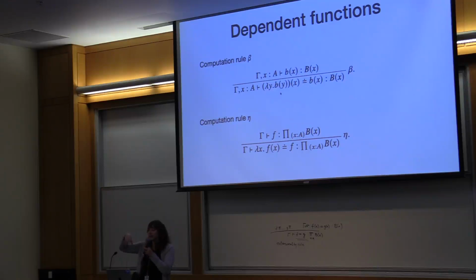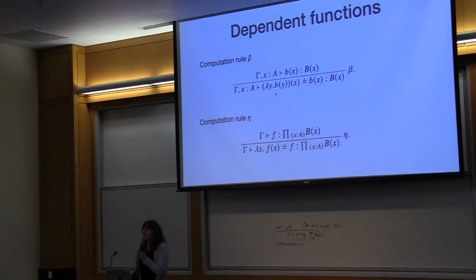And sometimes you need to keep the type annotations on the lambdas in certain cases so that this goes through. In this particular setting, every time we have a term, we will know what the types of stuff are, and that's why we don't have to include the type annotation.